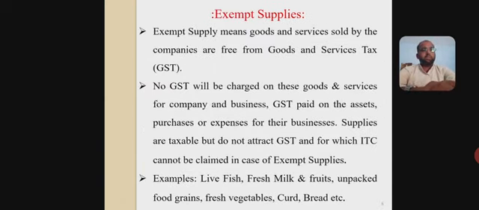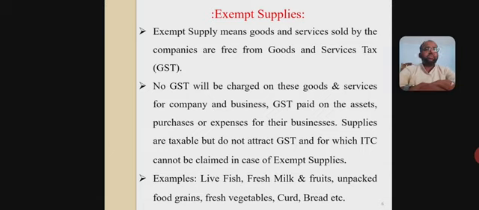Then exempted supplies. Exempted supplies mean goods and services sold by companies which are free from goods and service tax. No GST is charged on these goods and services for the company and business. GST paid on assets, purchases or expenses for their business gets no ITC, and there is no tax on outward supplies.